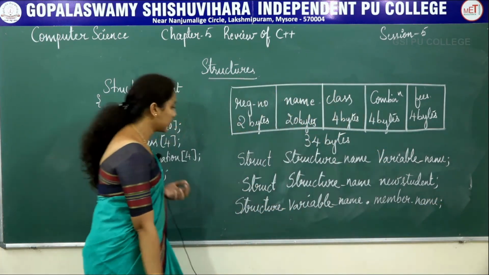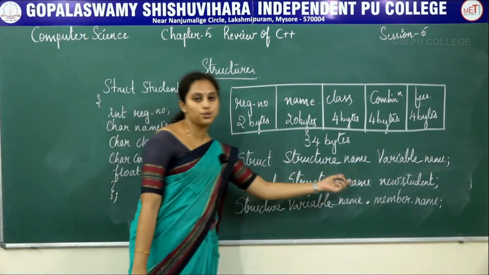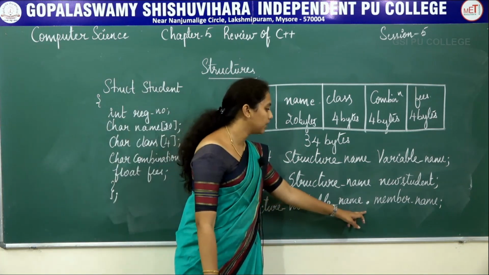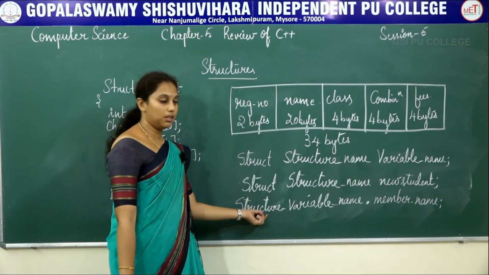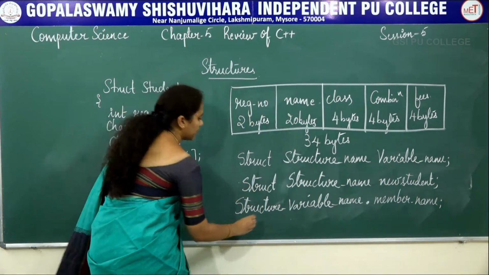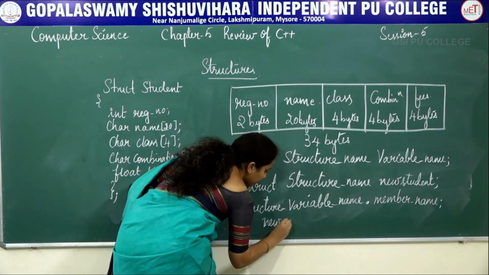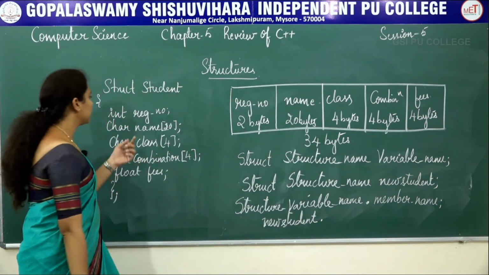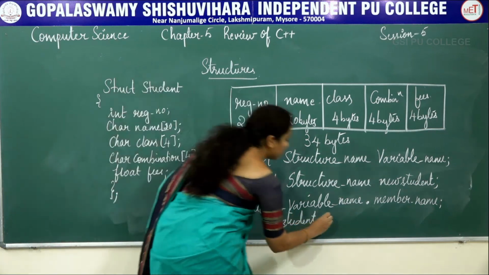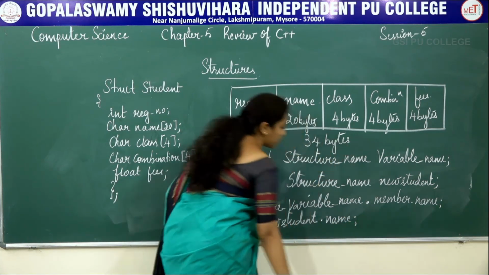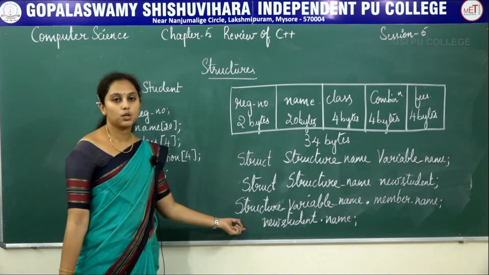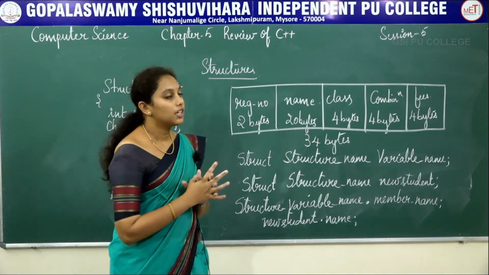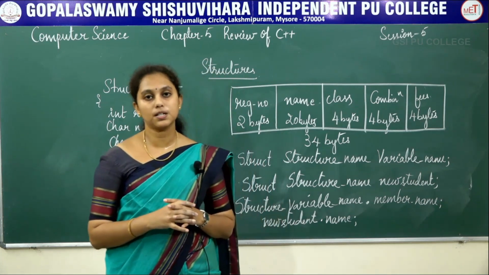If I want to access the member name of new student, the structure variable name is new student, dot, and the member name is name. So new student dot name is how I can access the members of the structure. So this completes chapter number 5, that is review of C++. Thank you.